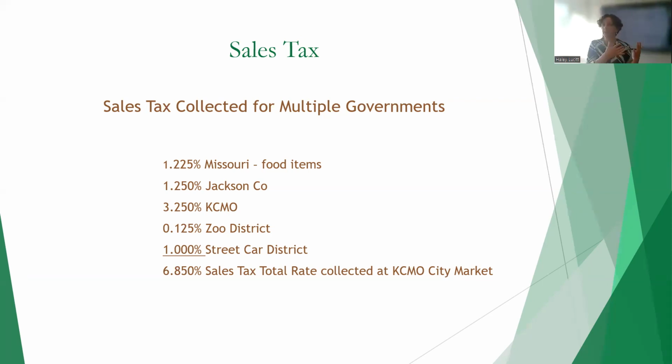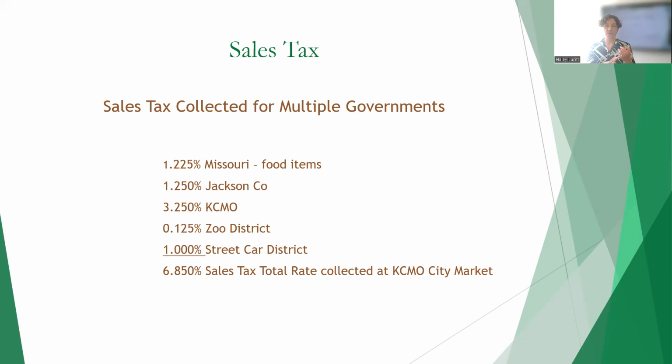I do have to check periodically to make sure that it is current, because these do change. And it's not always on a consistent basis because it depends on the city and county voting timing. But when we sell at the city market, even though our farm is located in Richmond, I have to track all of those sales separately.